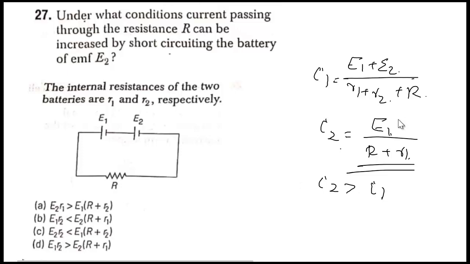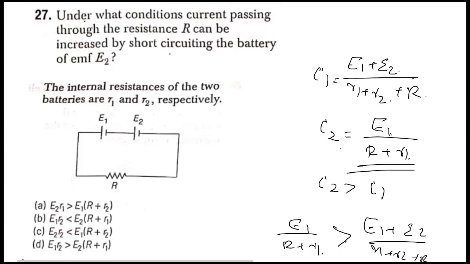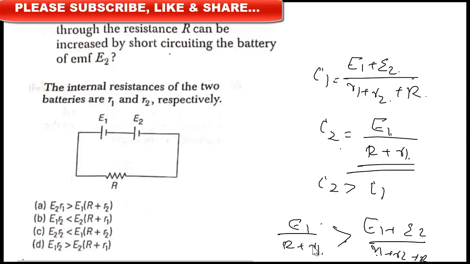So if we are considering I2 greater than I1, E1 divided by capital R plus small r1 is greater than E1 plus E2 divided by R1 plus R2 plus capital R. So when we are cross multiplying this, we will get E1 R2 is greater than E2 into capital R plus small r1.